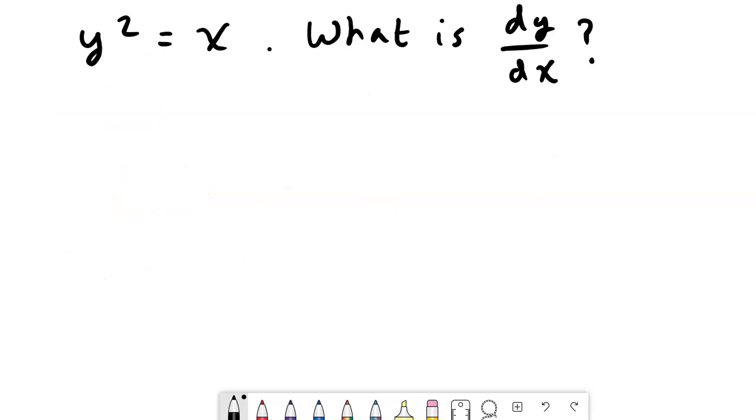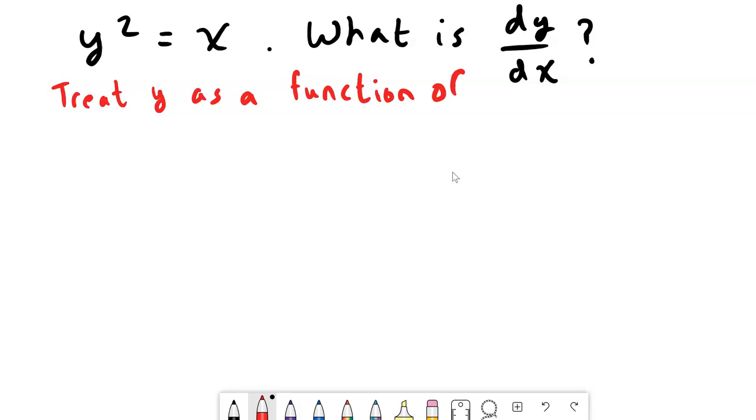Okay, so we're going to look at this example. We have y squared equals x. We are asked, what is dy dx? We could use the chain rule this way. The main idea of implicit differentiation is that we need to treat y as a function of x.